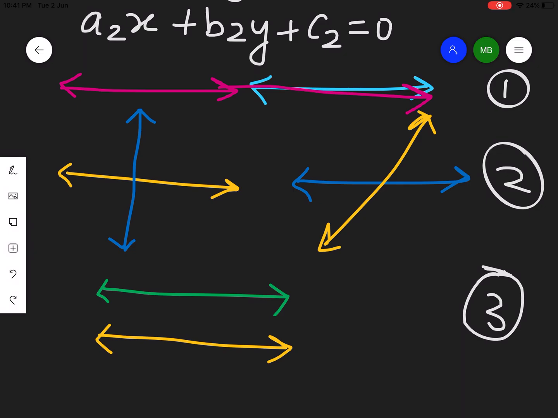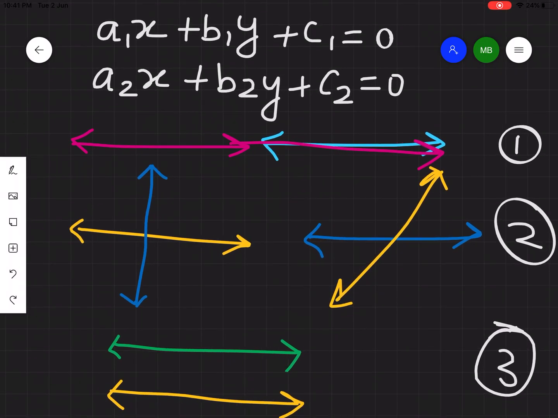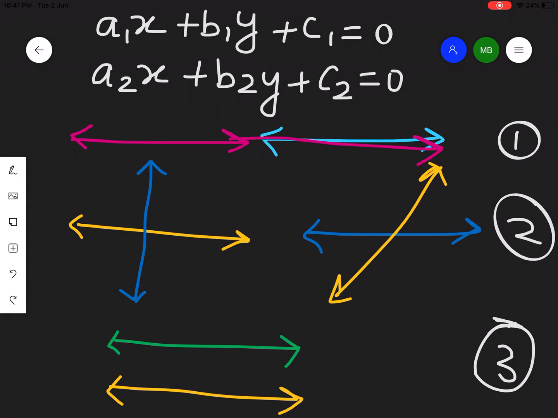Now the question is, what if a pair of equations is given, and the question asks you to find which type of graphical representation the given pair will have? One way out is to plot the graph and find out. But is it really required to plot the graph every time to find which of these three possibilities the pair fits into?